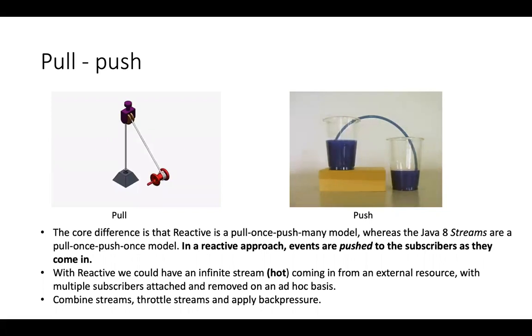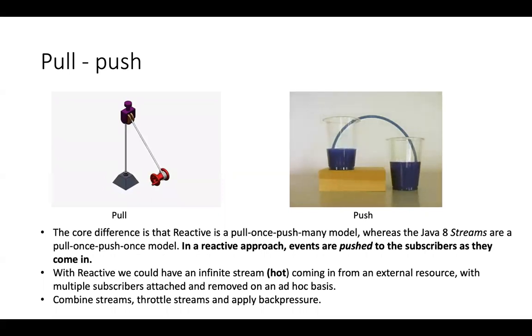If you see push, it just means pull once, push many, which is reactive. Most of us would probably be aware of Java 8 streams. Java 8 streams is not reactive; it is a pull once, push once model.